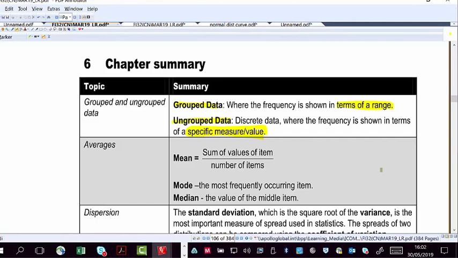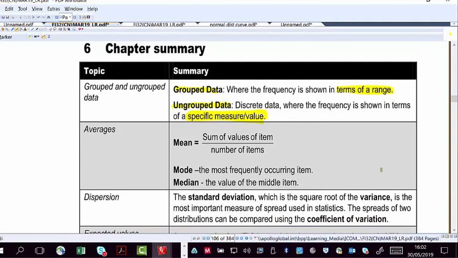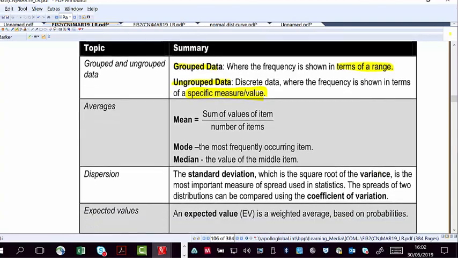Remember, the mean is the average, and you get the formula in the exam. It's where you take the sum of all of the items and divide it by the number of items. So just a basic averaging calculation. The mode is the most frequently occurring item, and the median is the value of the middle item.